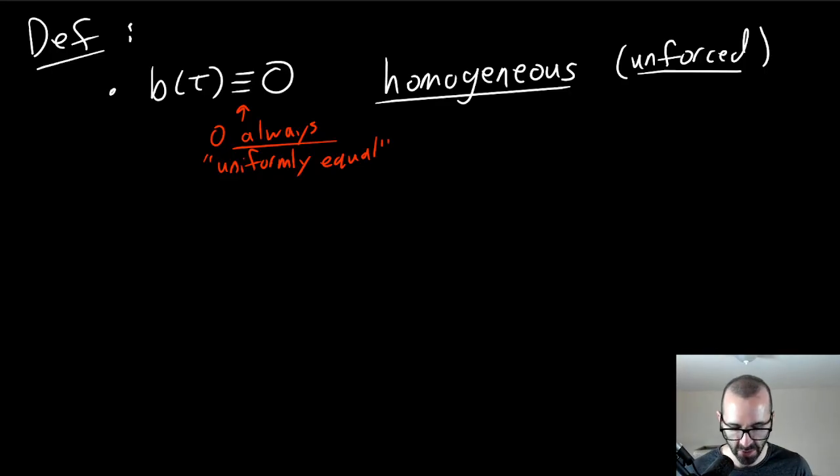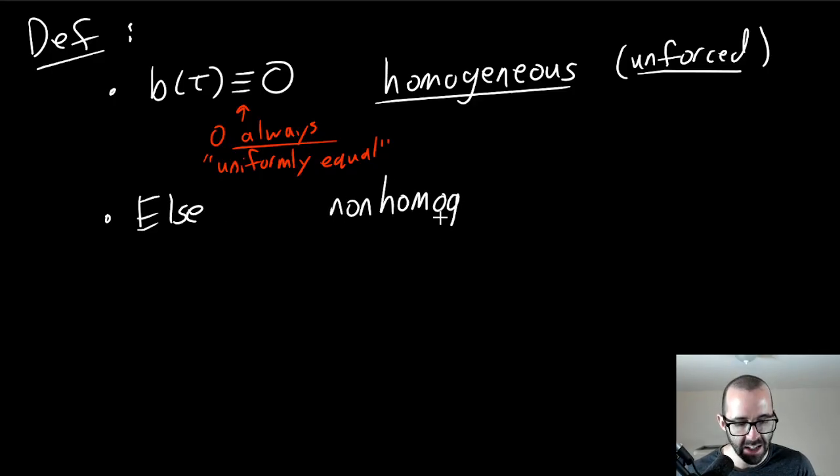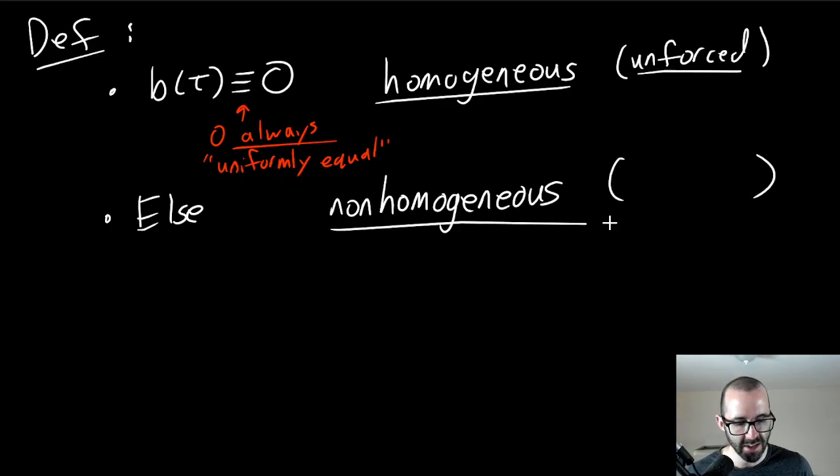And that is indeed true. Not surprisingly, if it's anything other than 0, it's not homogeneous. What do you think it's going to be called as the second thing? Yeah, you got it. It'll be called forced.